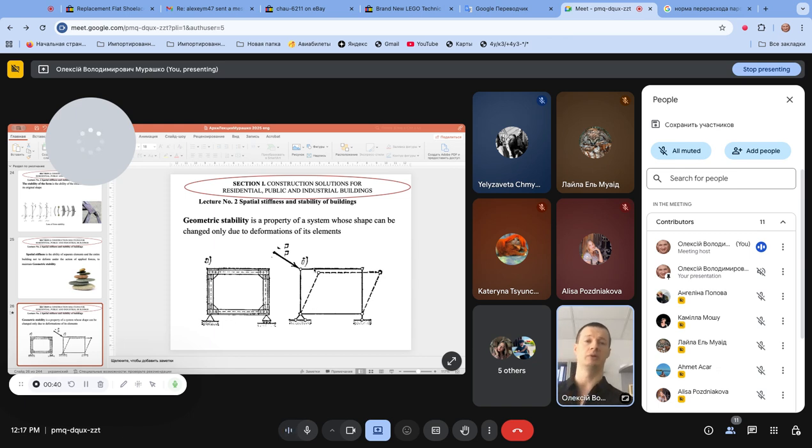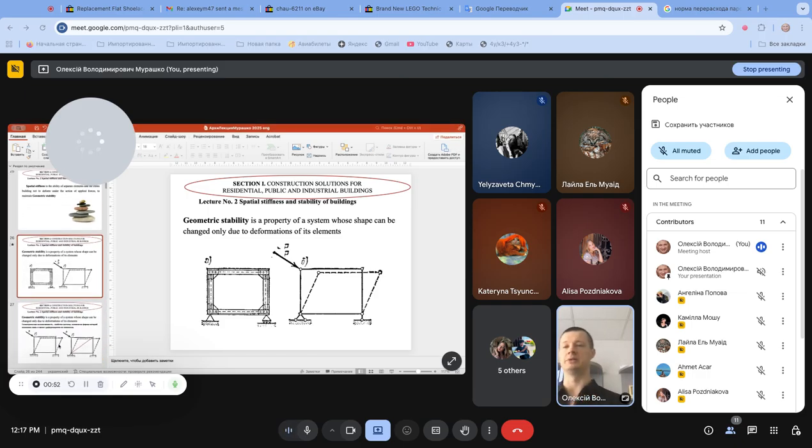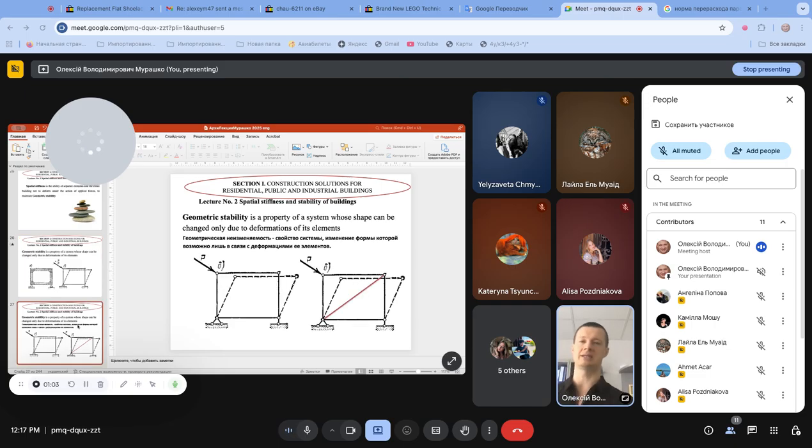But when we consider a hinged connection between the elements, in this case there is no deformation of column or beam. There is only deformation because of the connection of the building. But nevertheless, we are still using hinge connection in structural elements. But how can we use hinge connection to make it geometrically stable?